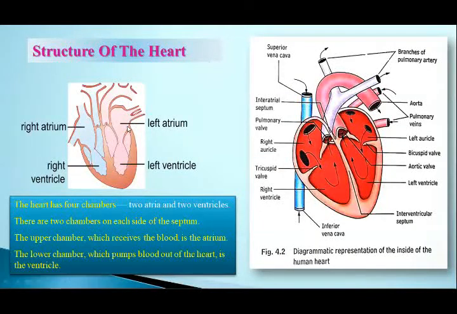Okay, now let's look into this particular figure, and let's quickly understand some important things that we have been discussing till now. So have a look into this.